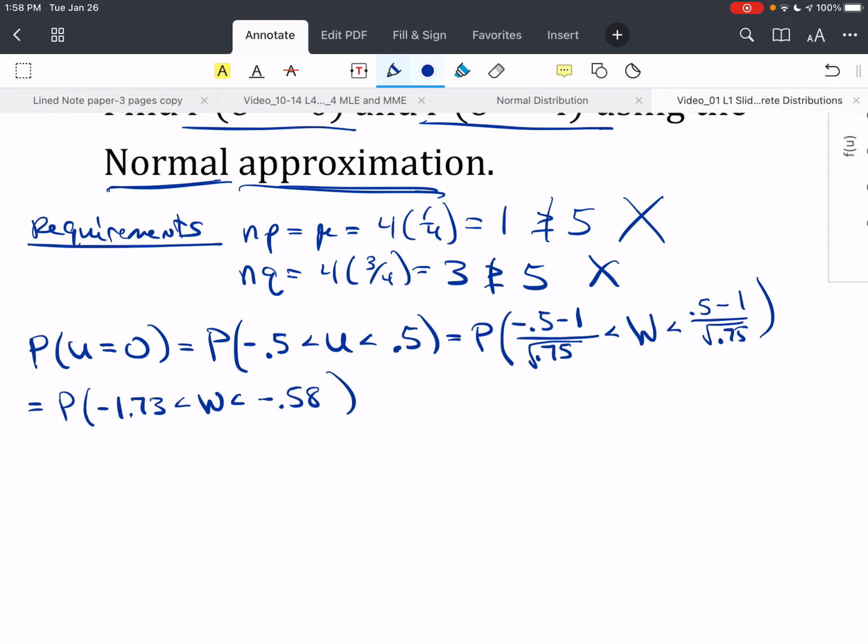Okay. Now we come to the approximation sign. We're going to change this to a z so that we can use the standard normal. The probability that z is between negative 1.73 and negative 0.58 is then equal to phi of negative 0.58 minus phi of negative 1.73.